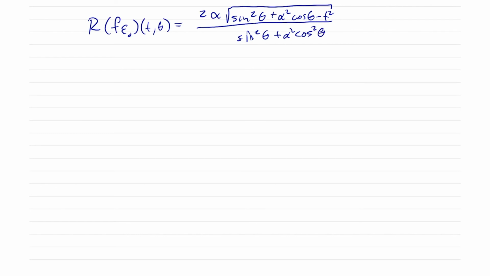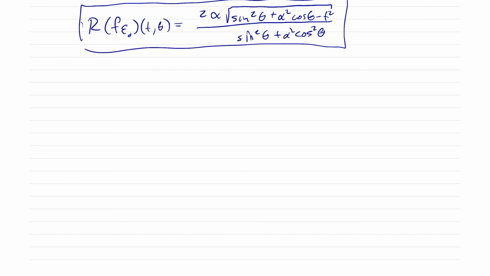And there you go. This is when t squared is less than or equal to sine squared theta plus alpha squared cosine squared theta. That should have been squared up there. And 0 otherwise.